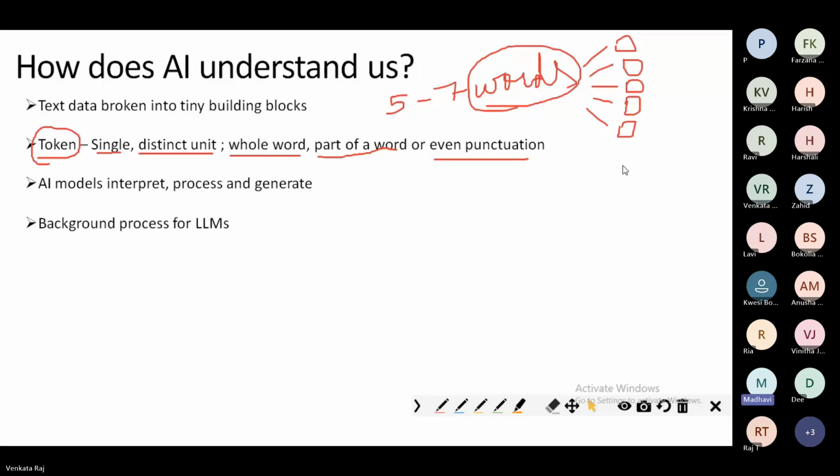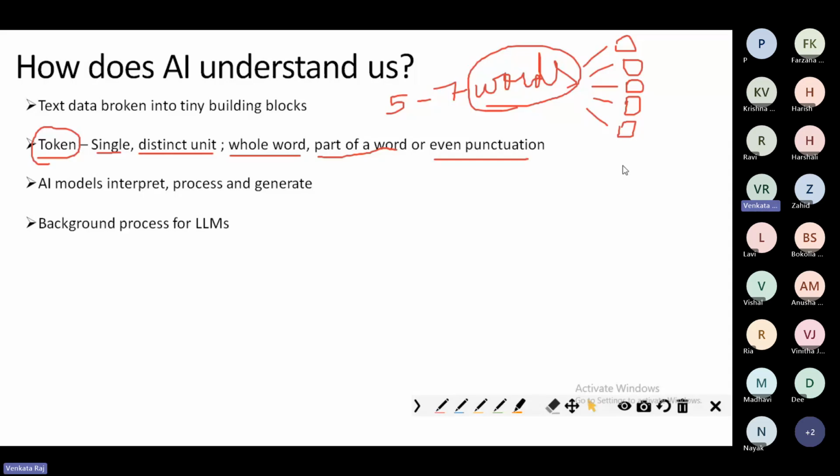We are giving the instruction, we are giving the text, and that is broken down in the background. So the user is not able to see that. It is basically a background job for the LLMs.